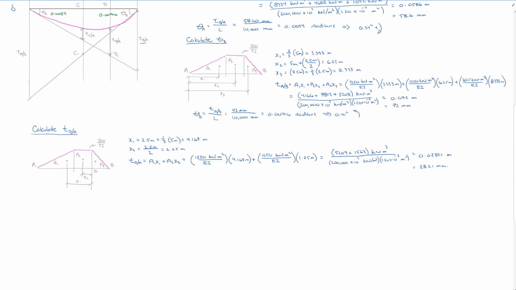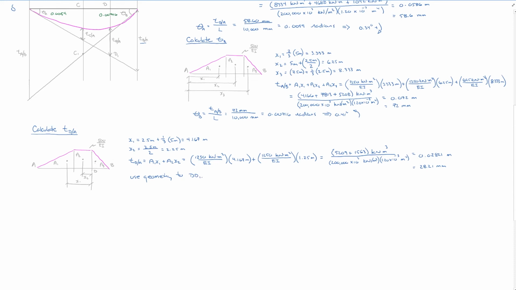So all we have to do now is we have that distance, we have to use the geometry of the problem shown in that displacement diagram to be able to flip it around and to actually get the displacement at point D. So the one thing that I want to do here is I'm going to use our geometry to get our distance D1.